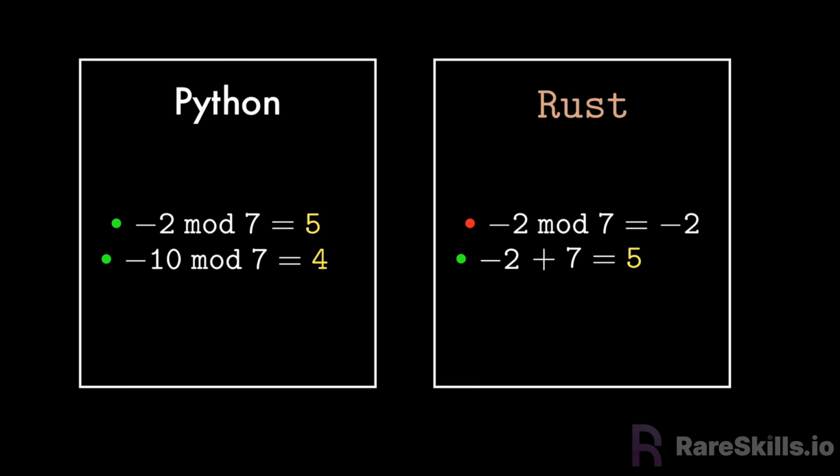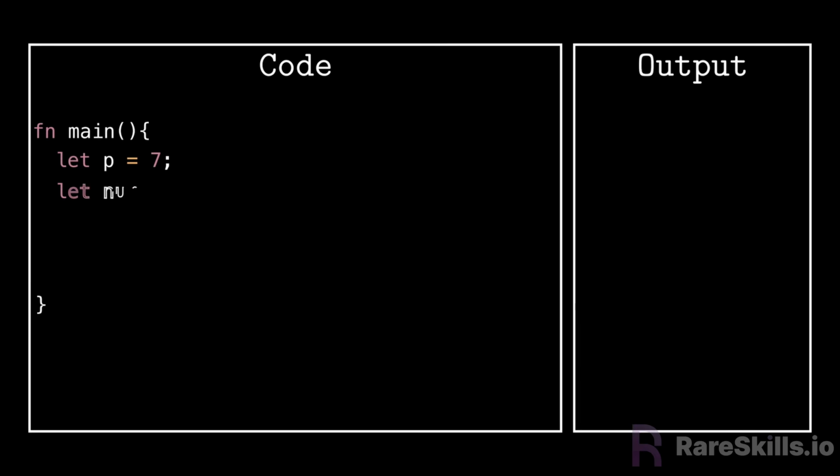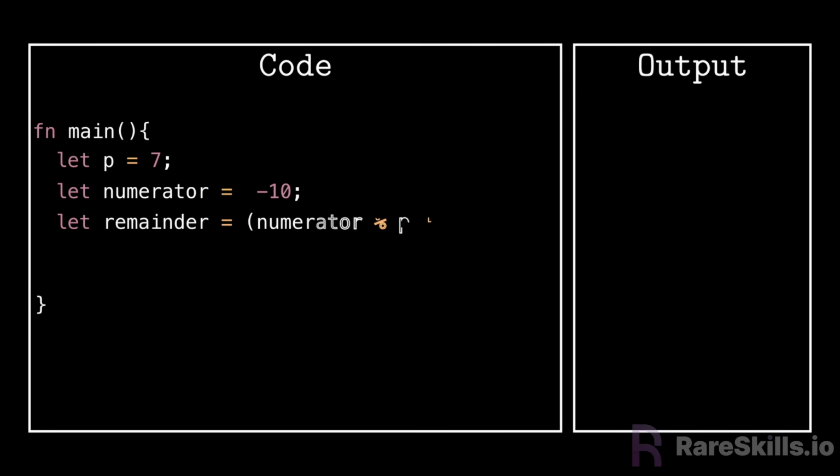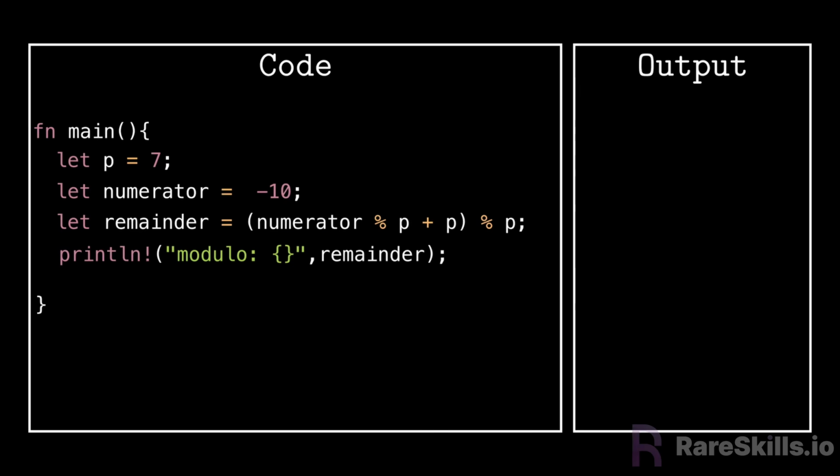Similarly, -10 modulo 7 returns 4 in Python, but in Rust it returns -3. However, again, if we add 7 to -3, we get the same answer of 4. Note that adding p to the number we take the modulo with doesn't change the answer if the original answer was positive.